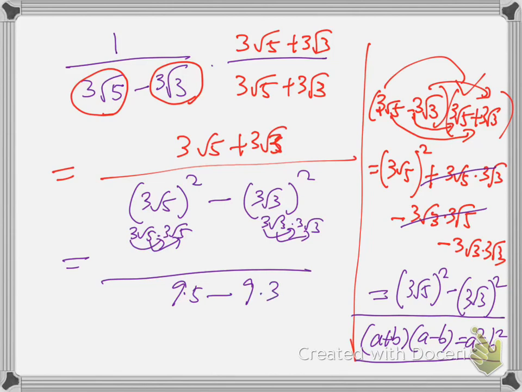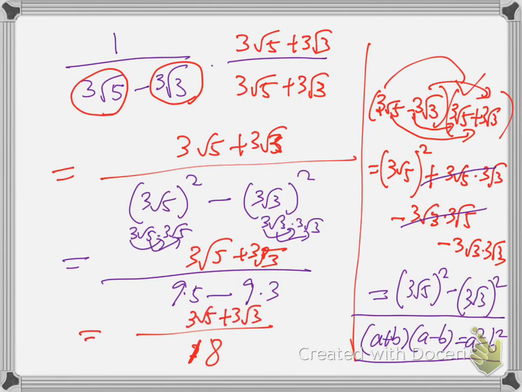So this is the denominator. The numerator is the same, 3 radical 5 plus 3 radical 3. The denominator is 9 times 5, 45, minus 27, which is 18. And the numerator is 3 radical 5 plus 3 radical 3.